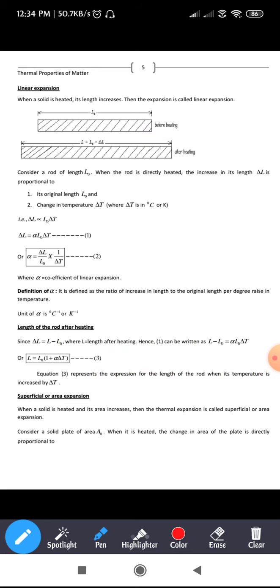Do one thing, just go through this linear expansion in detail once. In case you have any doubts, please let me know.